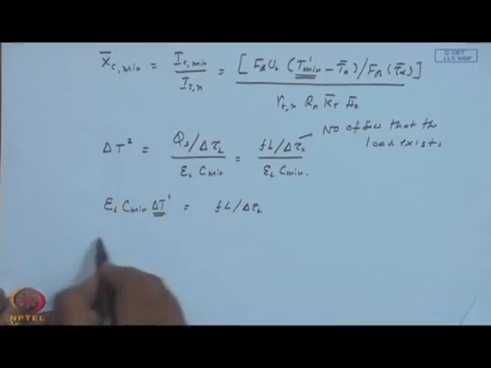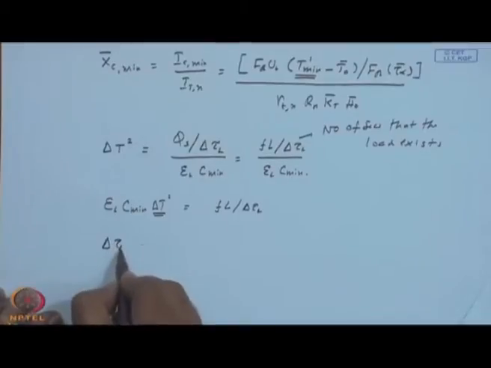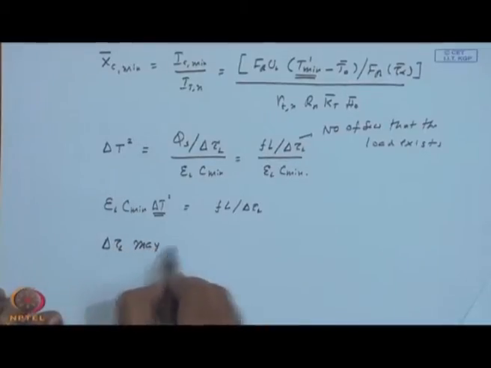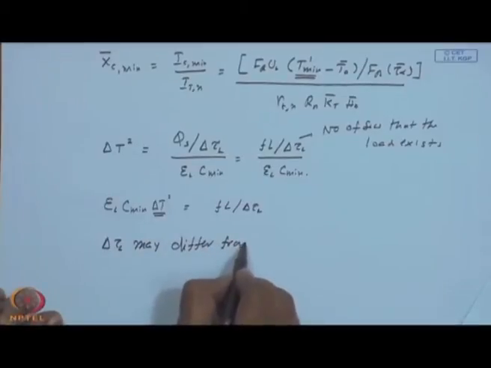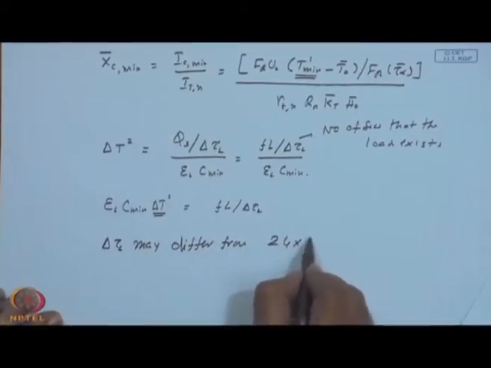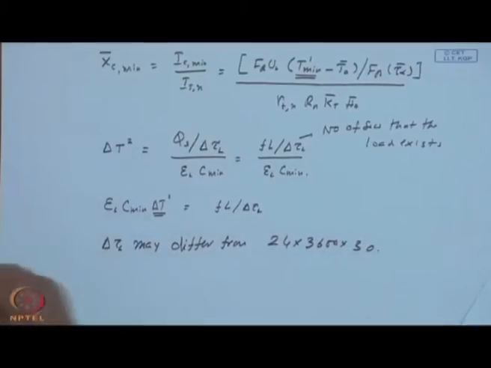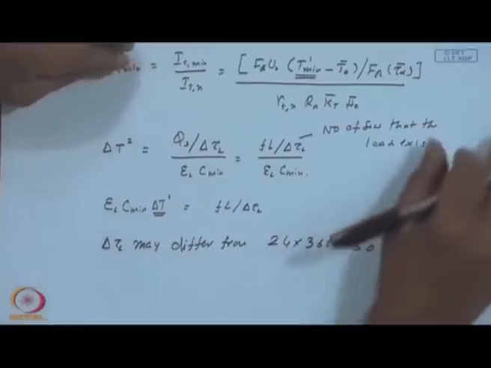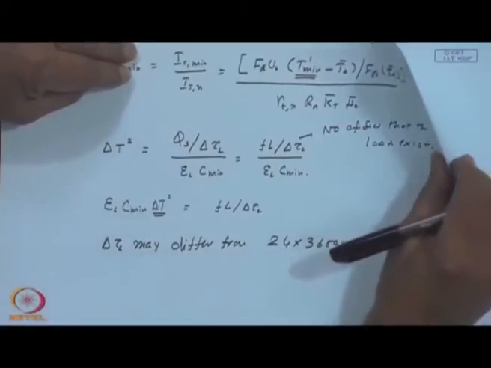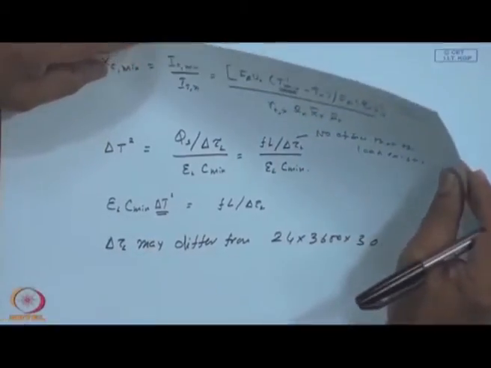Why I am emphasizing is that delta tau L may differ from the number of seconds in the month. Now, you might ask me the question, why did you not do this for the Q tank estimate?